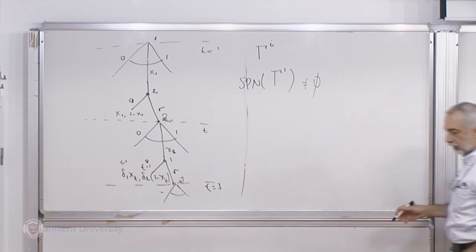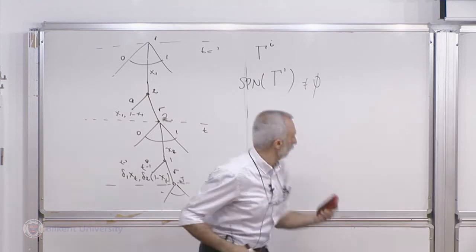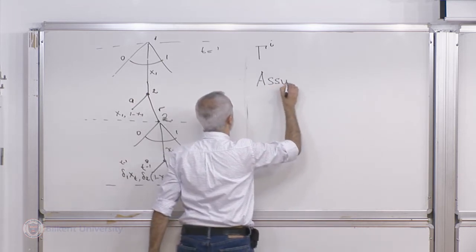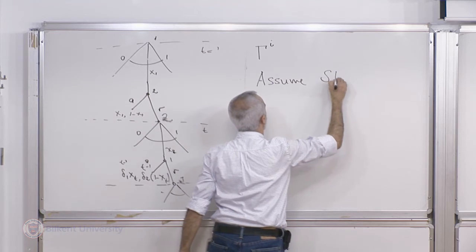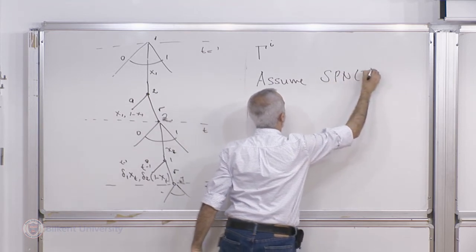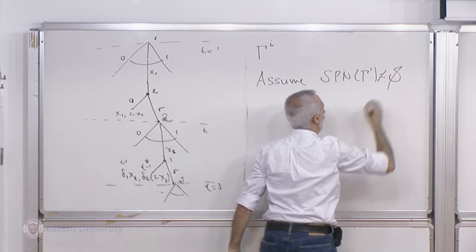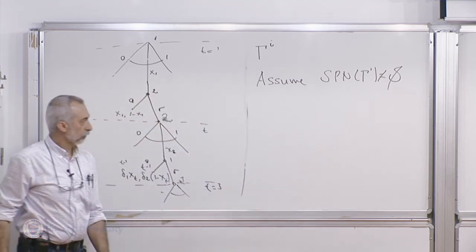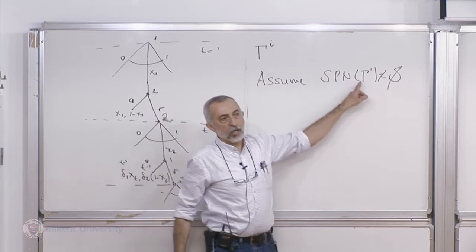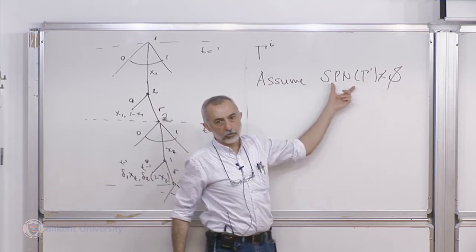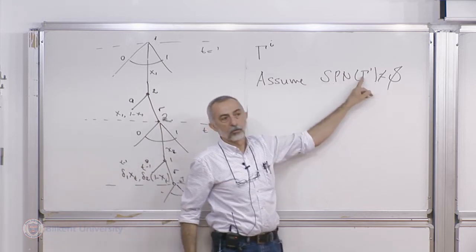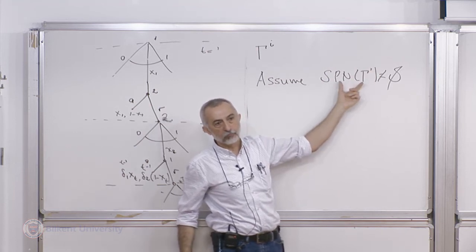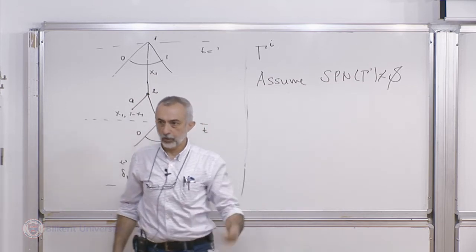So we start by saying, assume that this game has a subgame perfect Nash solution. By the way, if capital gamma 1 has a subgame perfect Nash solution, because of the isomorphy, capital gamma 2 also has a subgame perfect Nash solution. All you do is just rename the agents.